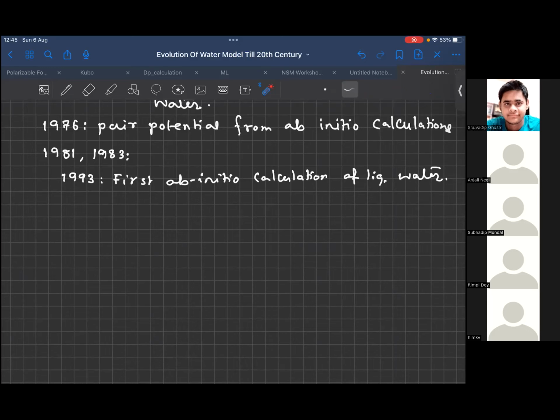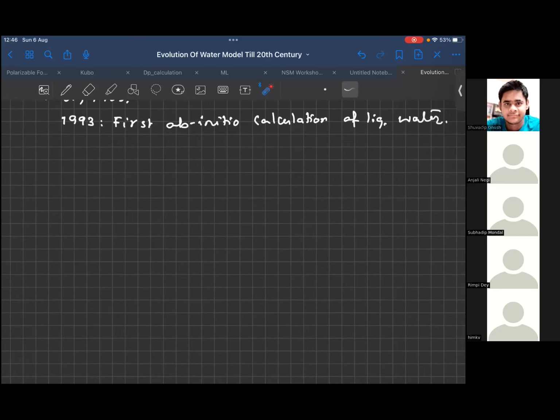So these things come one by one. So I want to introduce a few water models, because some of you might not know about water models.